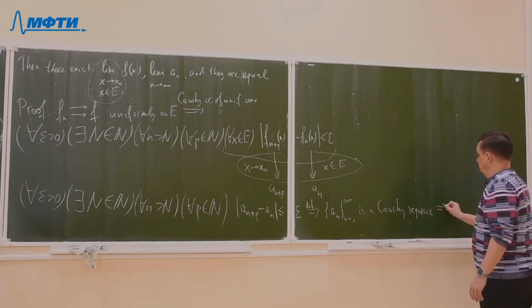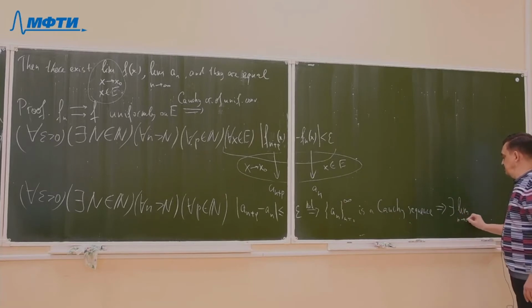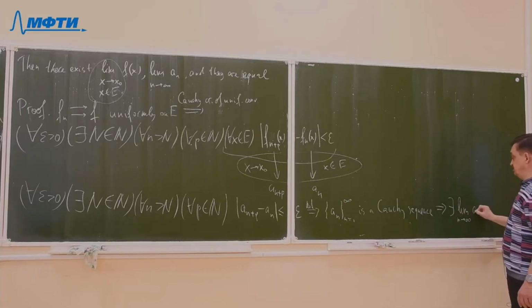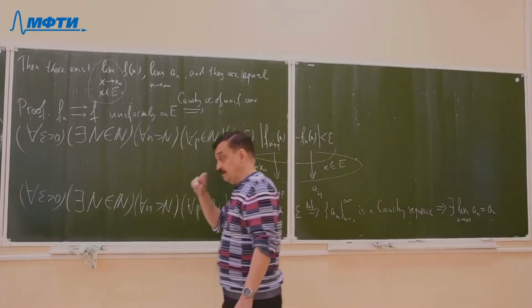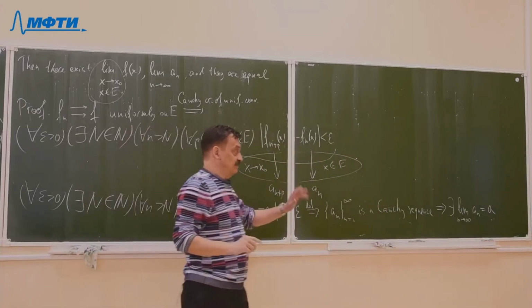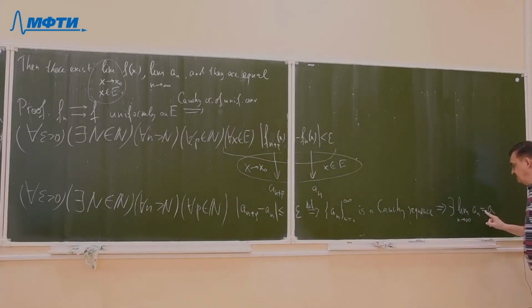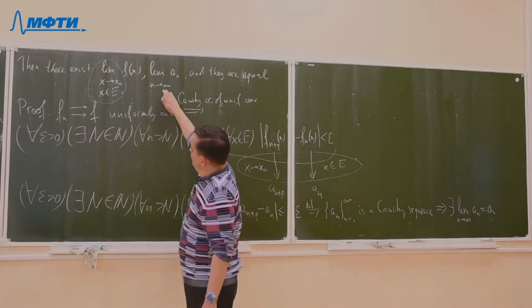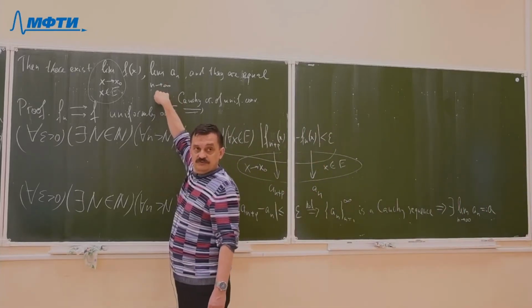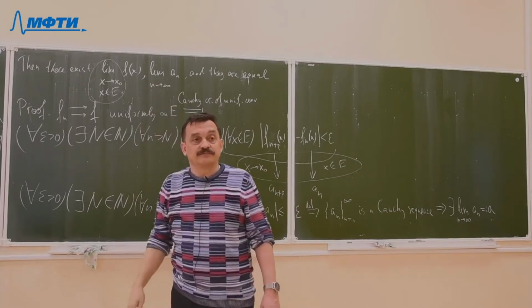So there exists a limit as n tends to infinity of a_n; I denote it by a. So one thing is true: there exists such a limit.